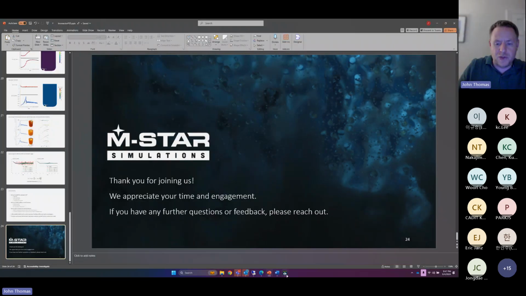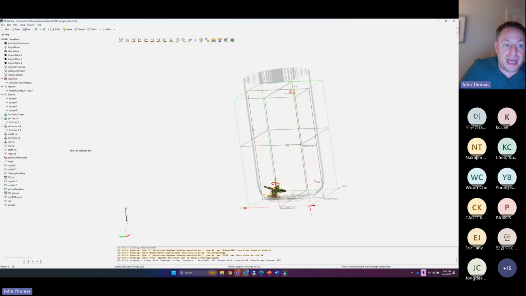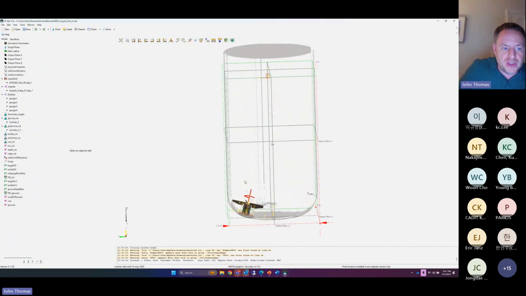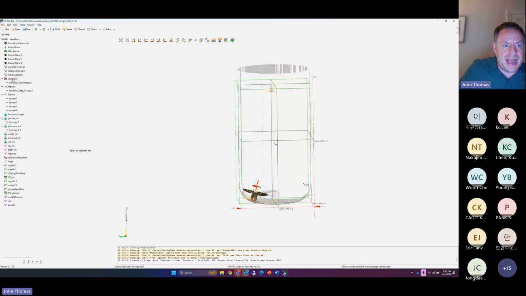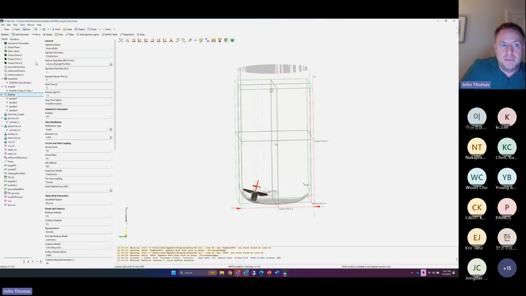I'm going to jump over to the model here to show you a bit more about what this looks like for those who may have MSTAR in their wheelhouse. These models are not particularly complicated. So in this particular system here, I have my vessel wall, I have an impeller, and I have a sparge. My sparge flow rate is set to some O2 sparge flow rate, which comes out of a PID controller.